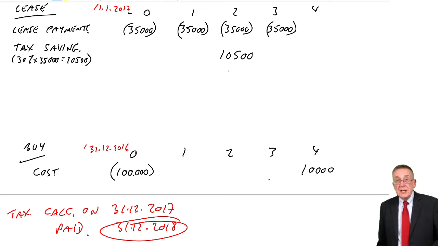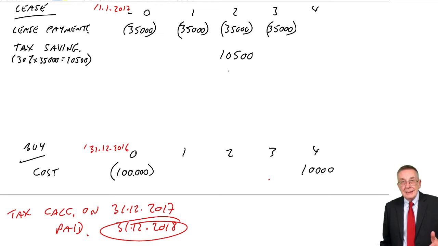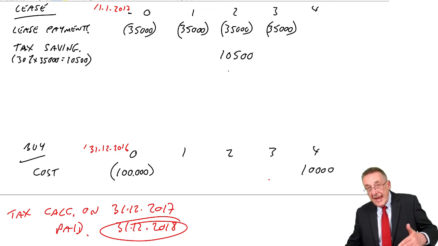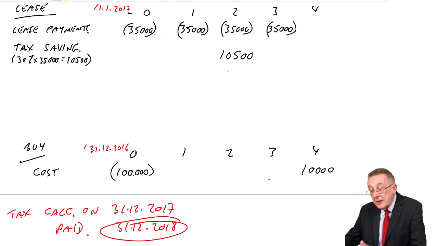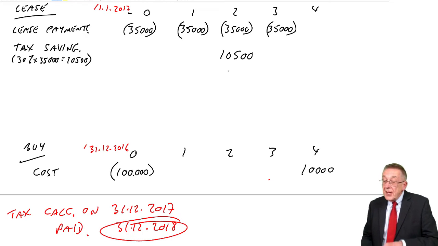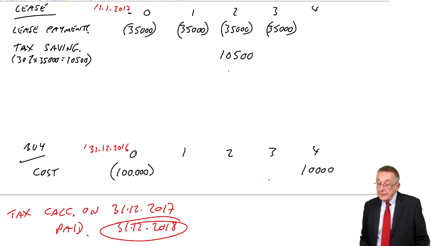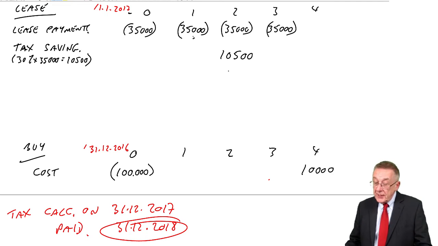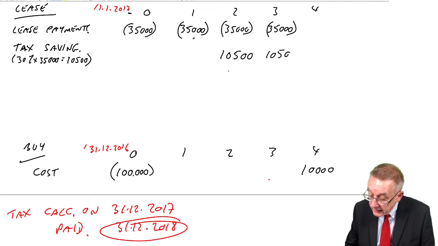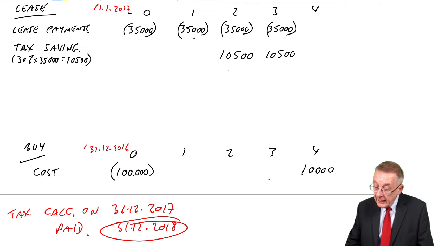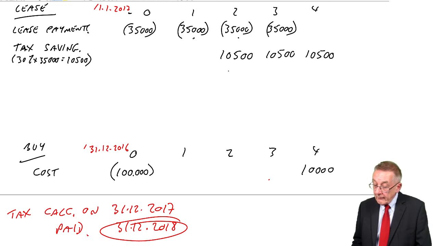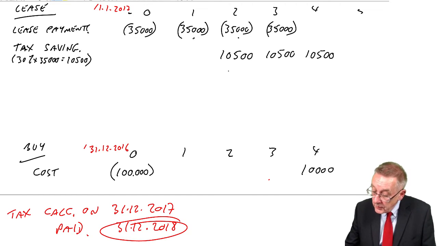Because that 35,000 is payable at the start of the year, tax is calculated at the end of the year, 1 year later, payable another year later. So it's 2 years later. So similarly, the lease payment at time 1, tax benefit 2 years later, time 3, time 2, 2 years later at time 4, and time 3, 2 years later at time 5.